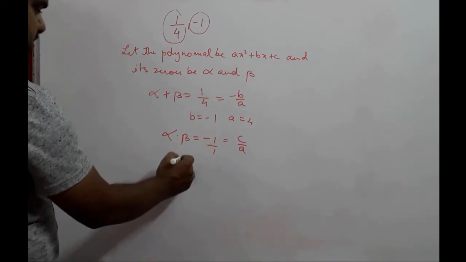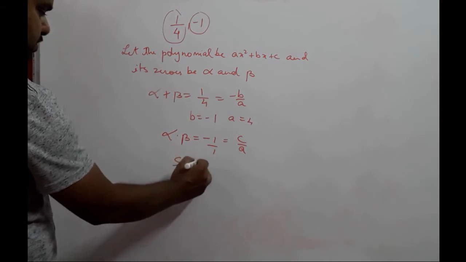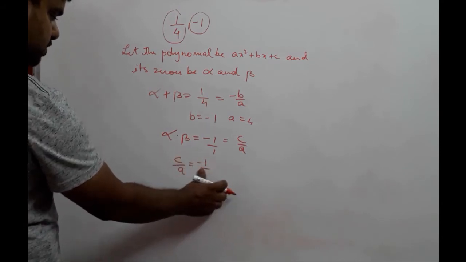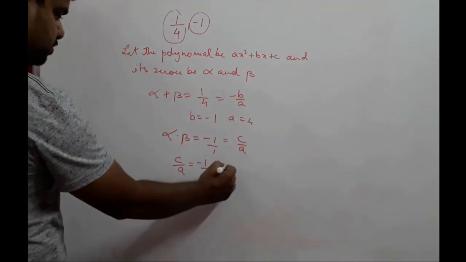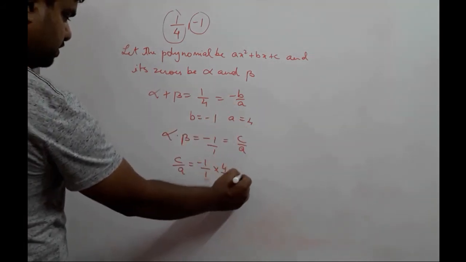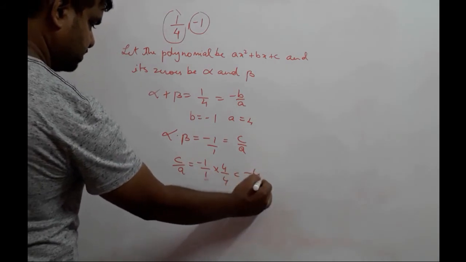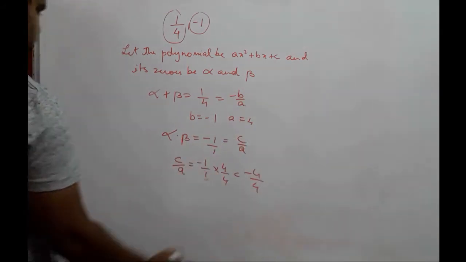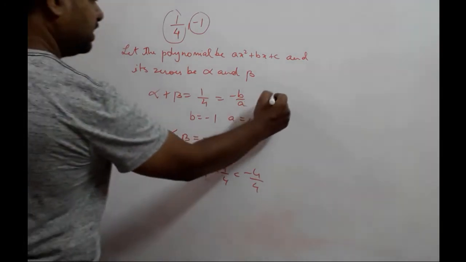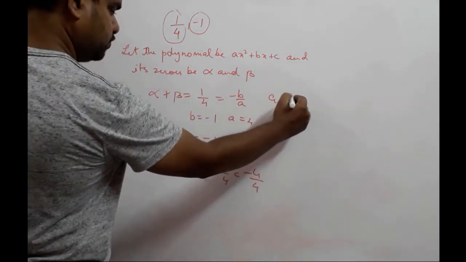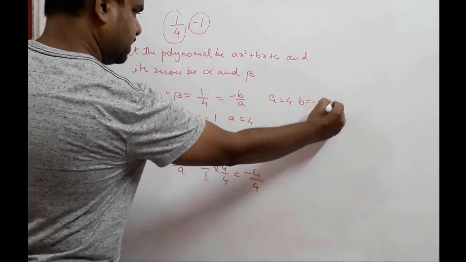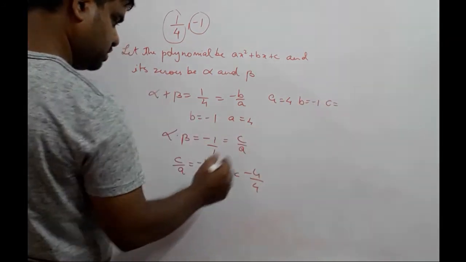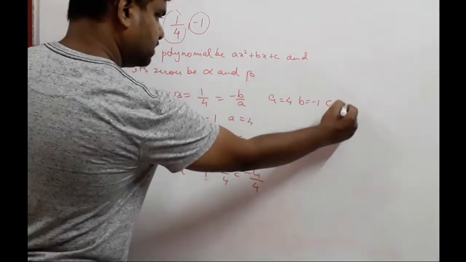Now since we are getting c upon a equal to minus 1 upon 1, and we know a is equal to 4, we can multiply both by 4 and we will get c equal to minus 4 and a is equal to 4. So in this case we are getting a is equal to 4, b is equal to minus 1, and c is equal to minus 4.